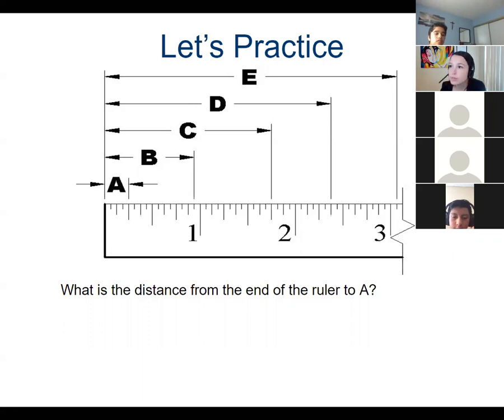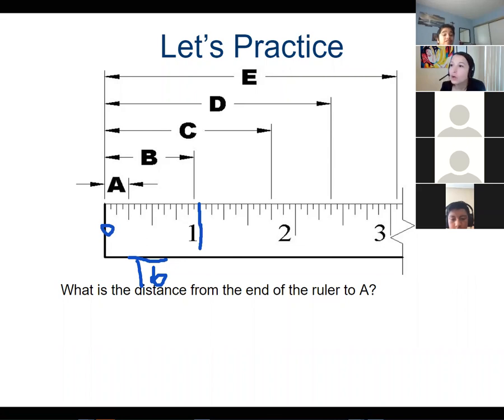Remember, it is from 0 to 1. 1, 2, 3, 4, 5, 6, 7, 8, 9, 10, 11, 12, 13, 14, 15, 16, right? So that means our denominator will be 16. Sometimes your denominator is a different number.